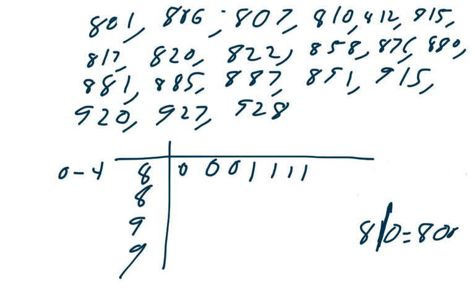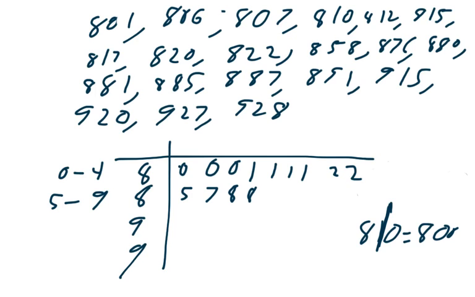So 1, 1, 1, 1, 2, 2, then we go to 5. So down here we got everything from 5 to 9. So this would be 5, 7, 8, 8.